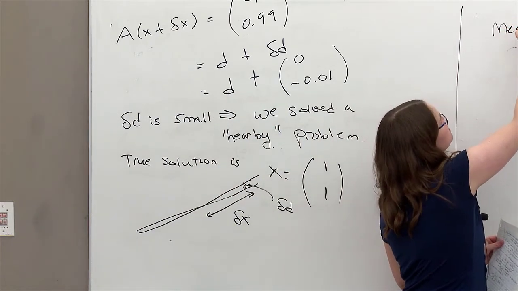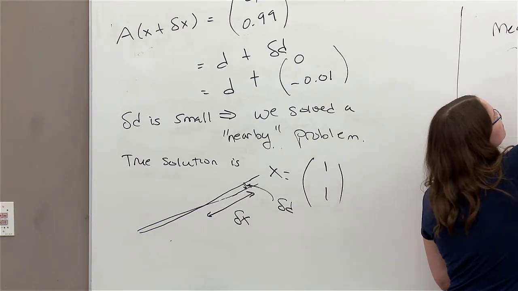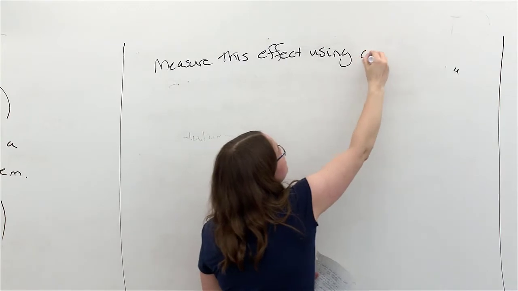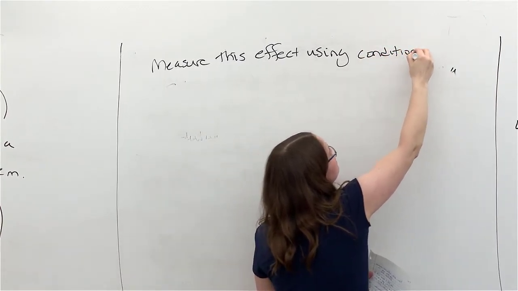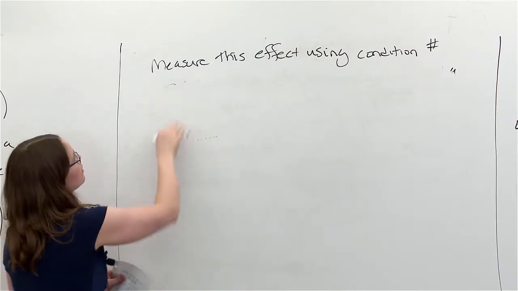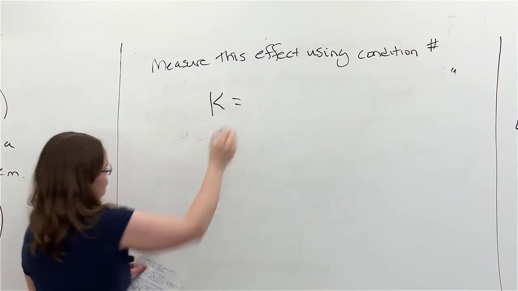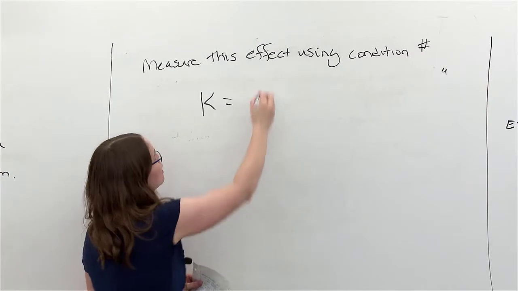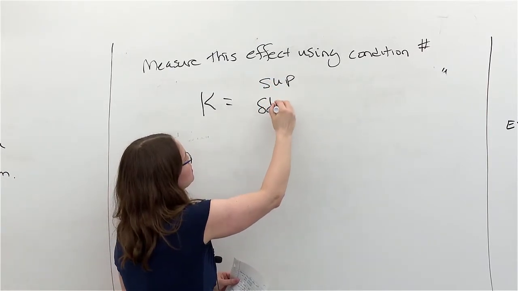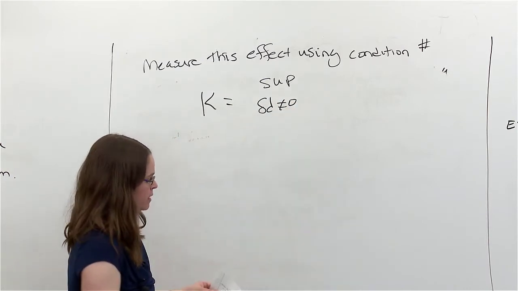Let's measure this effect using the condition number. So let's start here, again, kind of abstractly, and say this is the supremum over all delta D's that are non-zero.